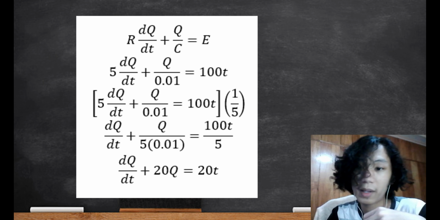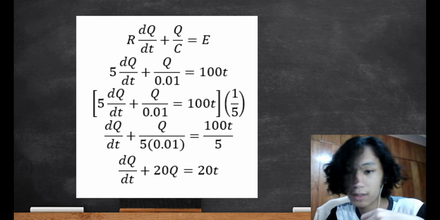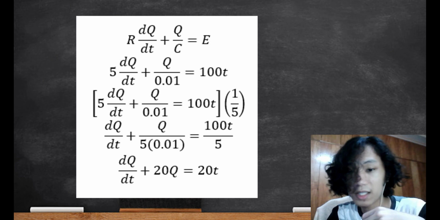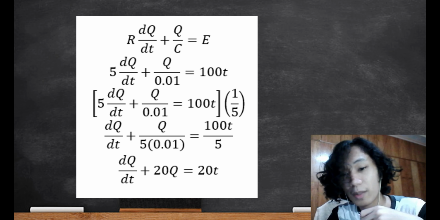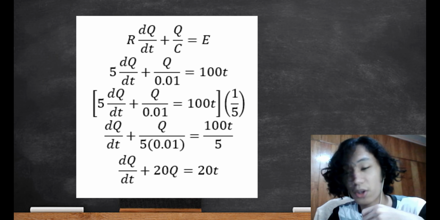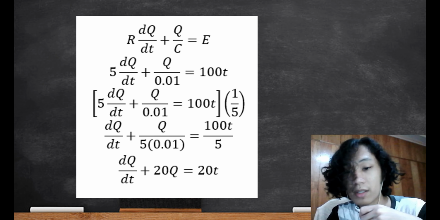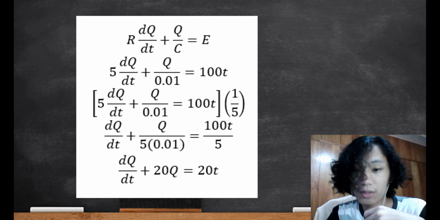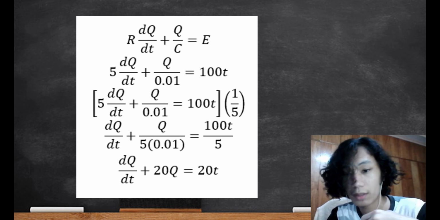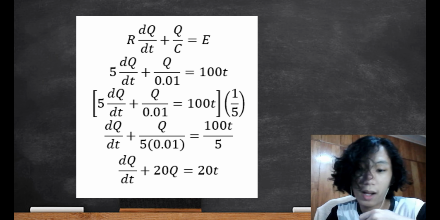So in solving an electrical RC circuit, we will use the formula of resistance times change in charge with respect to time plus charge over capacitance is equal to voltage source, or R dQ/dt plus Q over C is equal to E. Substituting the values from our given, we will get 5 dQ/dt plus Q over 0.01 is equal to 100t.